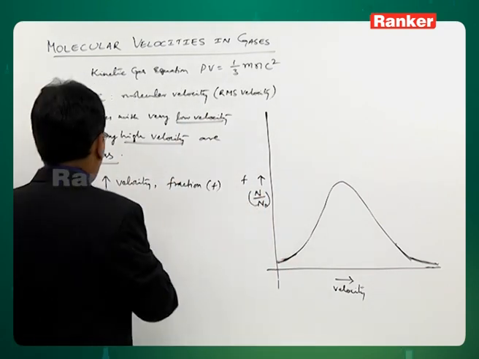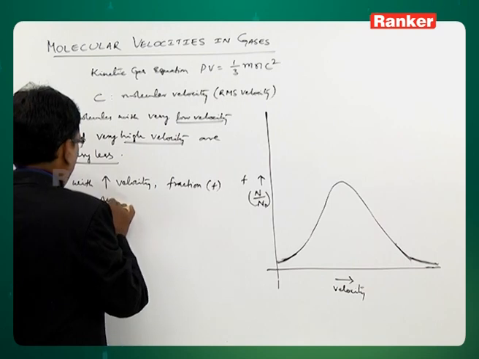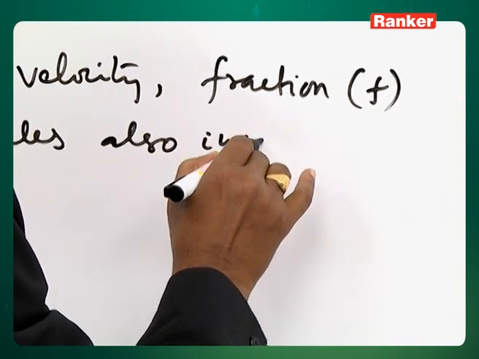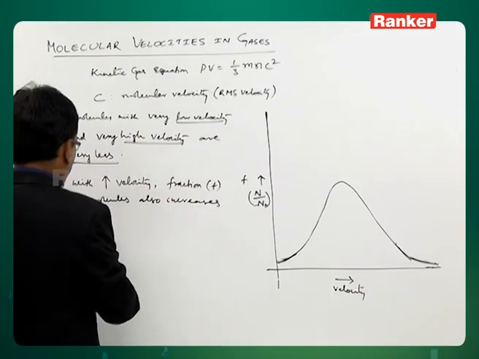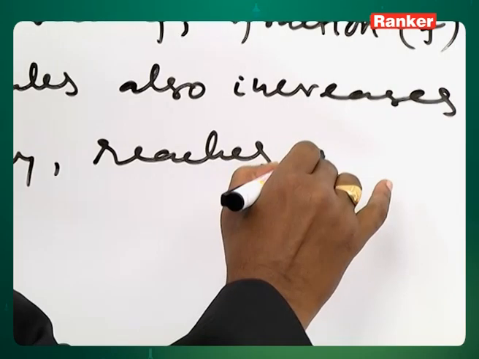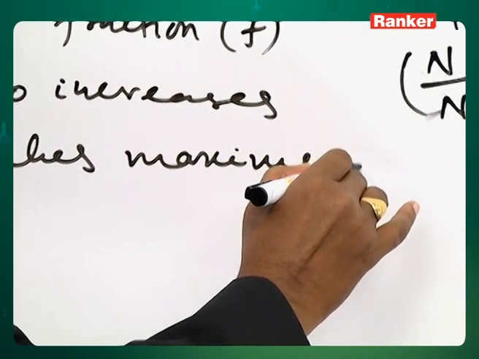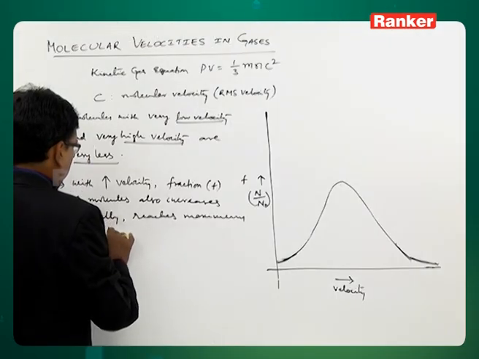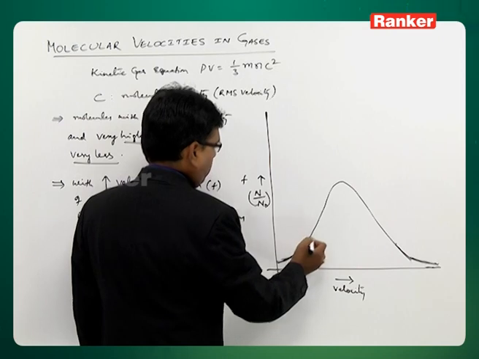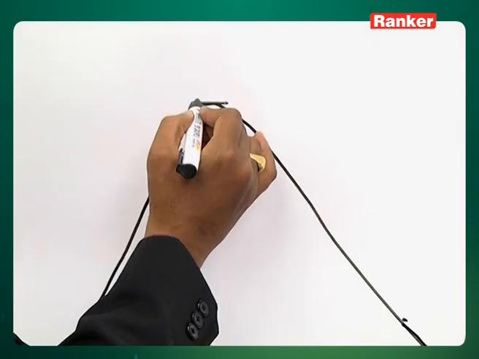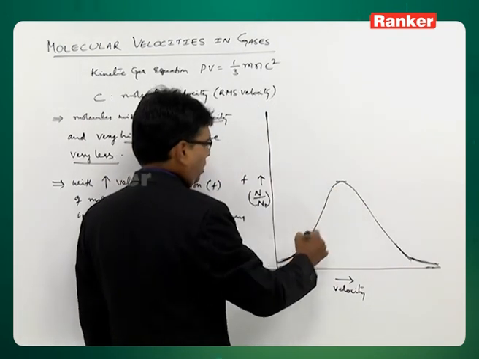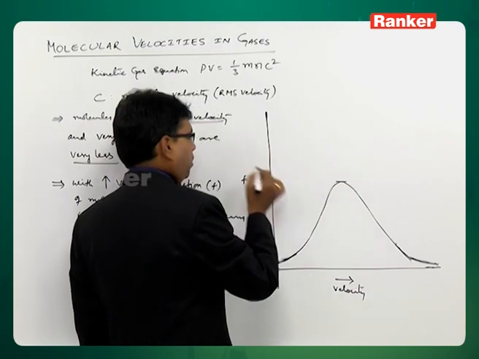So, with increase in velocity, the fraction of molecules also increases initially, reaches a maximum and then decreases. This is the velocity possessed by the maximum number of molecules.